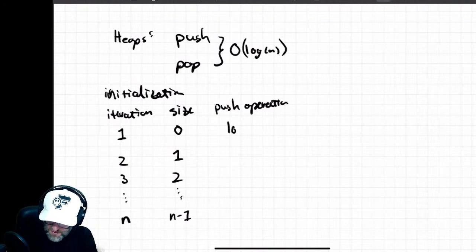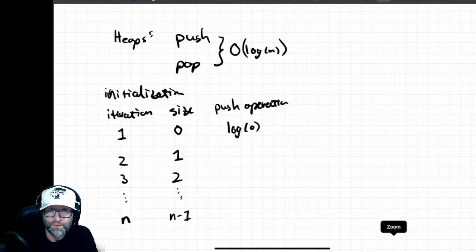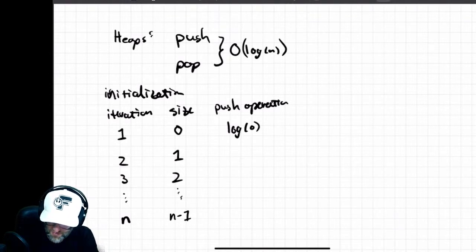This doesn't make much sense, but I'll write it down. Log of 0 is undefined. It does not give you an infinite amount of money. This would be like negative infinity, right? Something like that. That doesn't make any sense. So I'm going to immediately cross that out and say it doesn't cost me any comparisons.